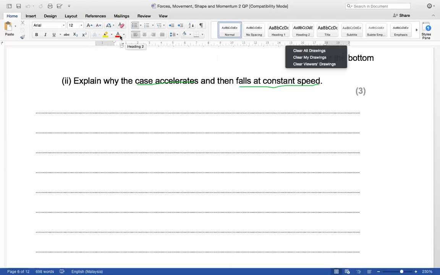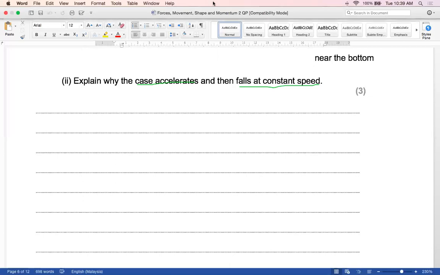The first one is it accelerates. Why does it accelerate? So you write down: at the start, there is unbalanced force.